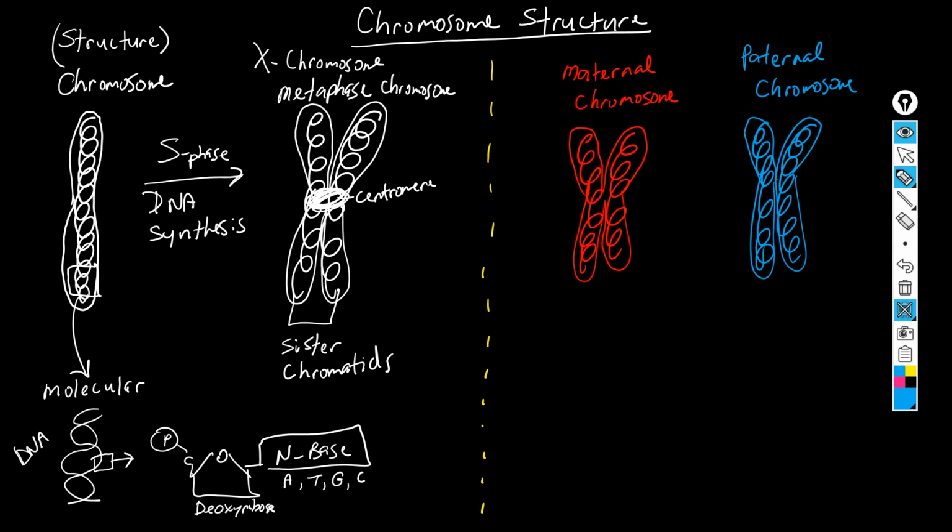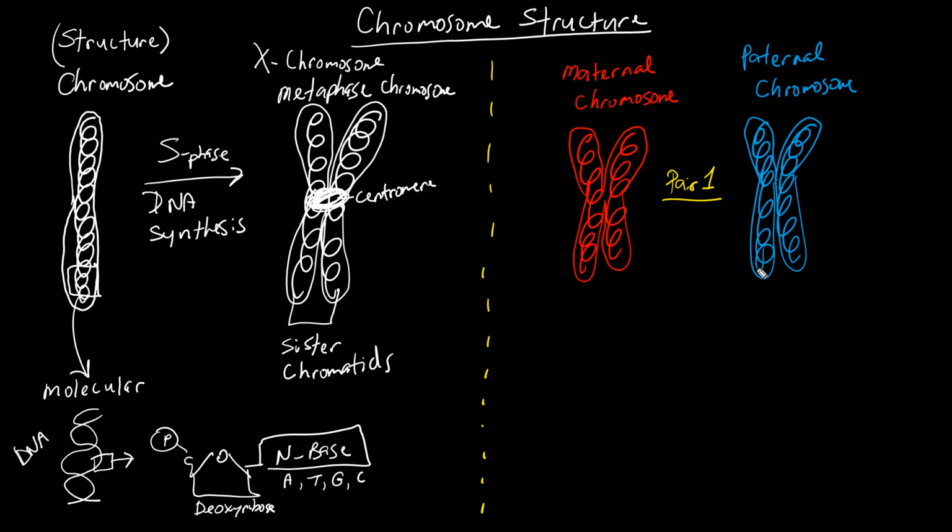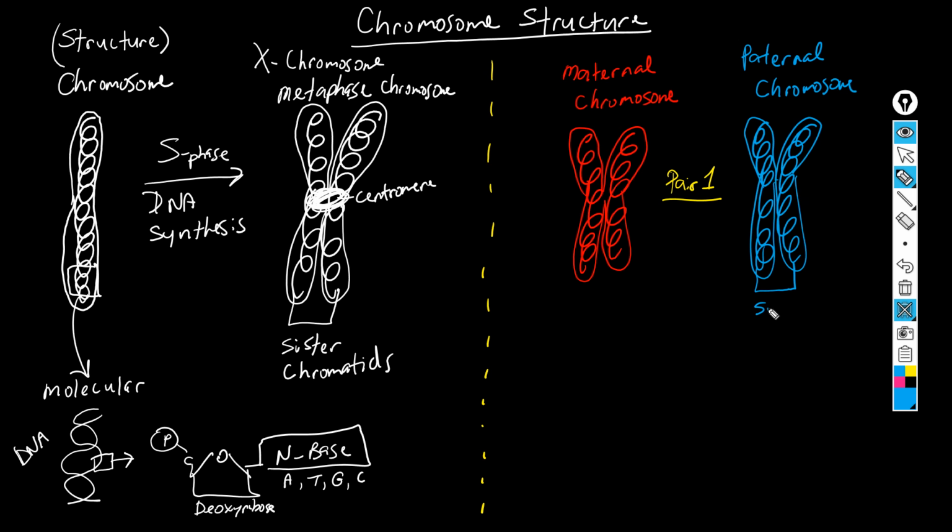The other thing, we'll say that this is pair 1. If we're looking at human DNA, we would have 23 pairs, and we're reducing that down to 1 just to make it simplified and more understandable. So just like with our chromosome structure that we looked at before, we have sister chromatids.